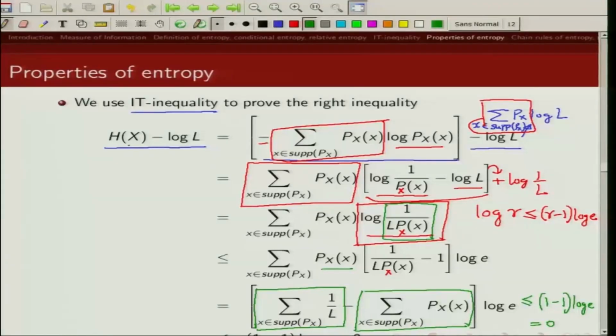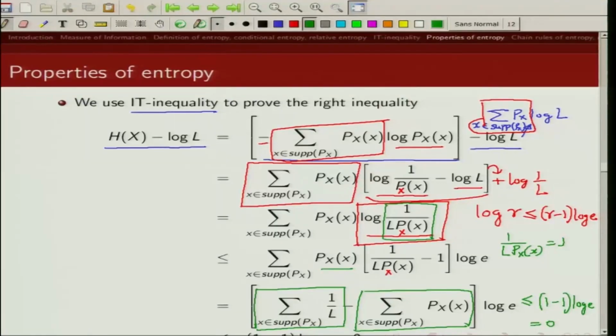So if x is a discrete random variable that can take L different values, then the maximum entropy or maximum uncertainty associated with x is equal to log of L, and this happens when r is 1. So when is r 1? That means 1 by L p(x) is basically going to 1. So p(x) should be 1 by L for all x belonging to the support set of P. In other words, p(x) should be uniformly distributed.